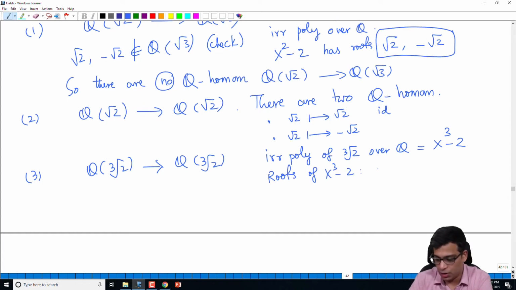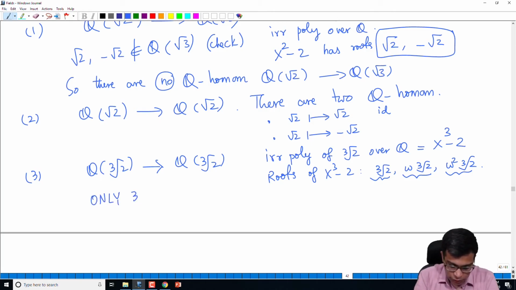In C, for example, they are cube root of 2, omega cube root of 2, omega squared cube root of 2. These are the three roots of this polynomial. Because cube root of 2 is a real number, omega is a cube root of unity, so this cube is also 2, this cube is also 2. So each of them, this cube is 2, this cube is 2, this cube is 2. So these are the roots. But how many are there in this field?